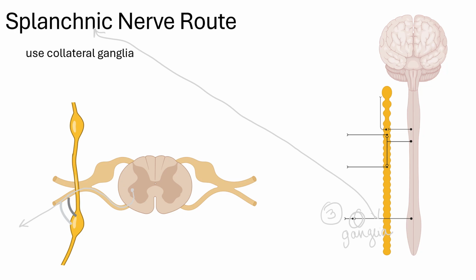Remember that when a preganglionic fiber synapses with a postganglionic fiber, anywhere, if a pre and post are synapsing, ACh, acetylcholine, will be released to excite that postganglionic fiber. But here in the sympathetic nervous system, these postganglionic fibers are capable of releasing acetylcholine or epinephrine.